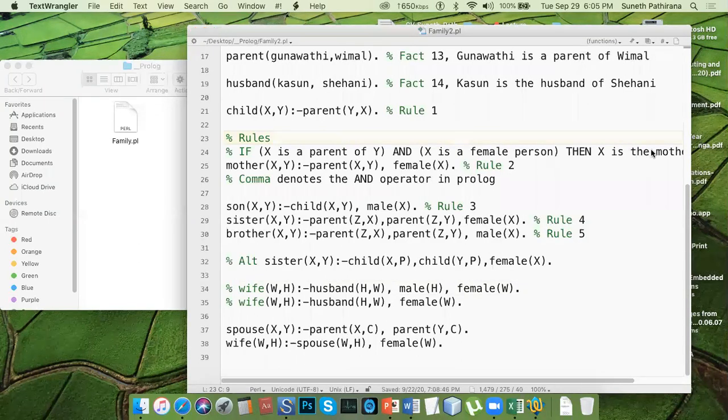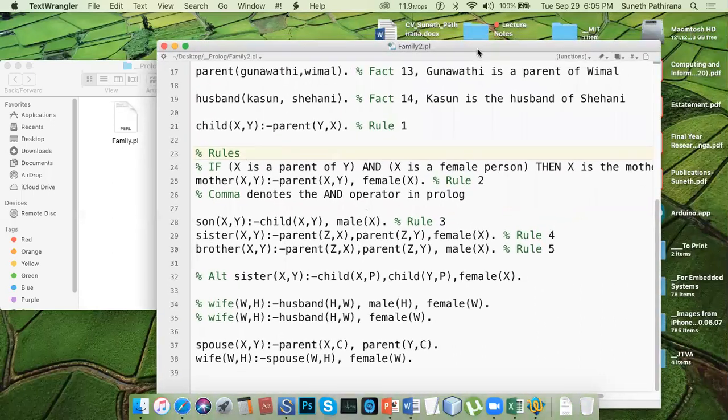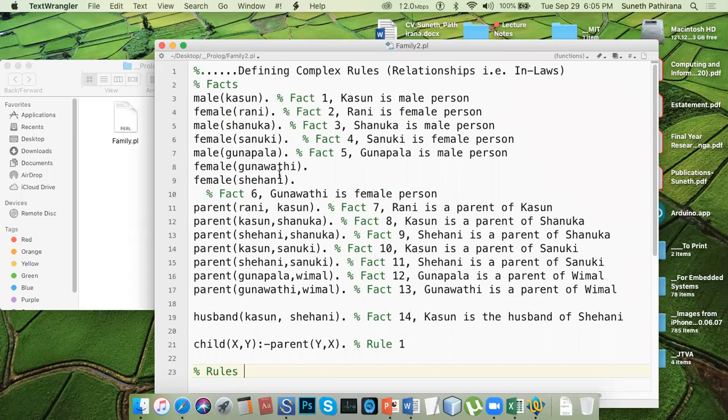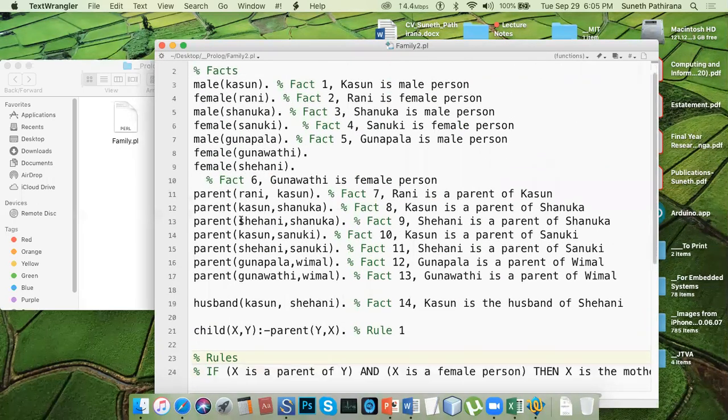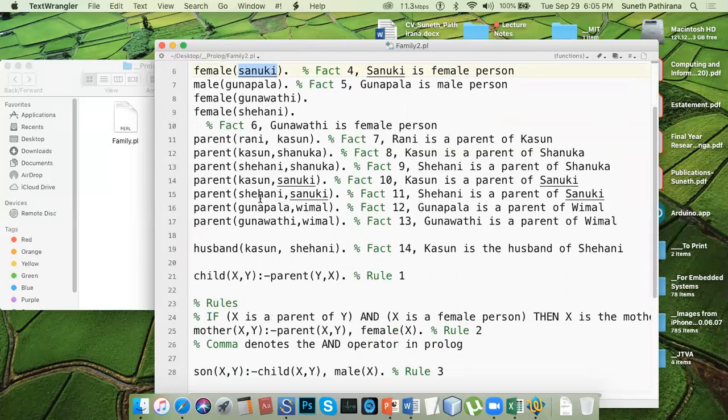Continue. So we have started developing what we call the family tree, a simple Prolog program to represent the knowledge relevant to the family. As I told you, you can replace the names with your own name, your parents' names, your brother's name, your sister's names, your grandparents' names, and today we will introduce your in-laws.